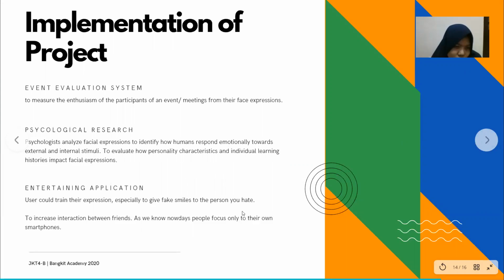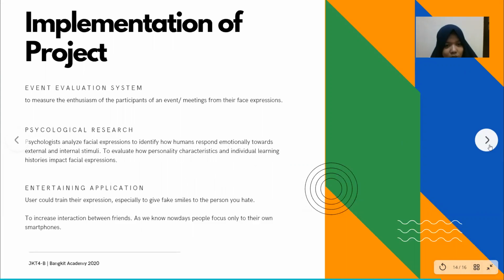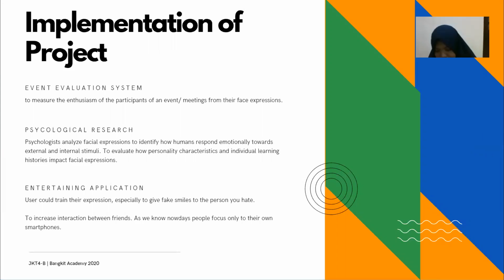This project can be used by psychologists to analyze facial expressions to identify how humans respond to external and internal stimuli. The third one is for an entertainment application. This application can be used by users to train their expressions, especially to give a fake smile to a person you hate, or it can be used to increase interaction between friends.